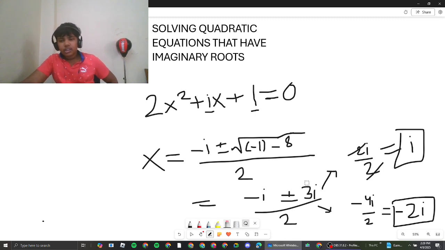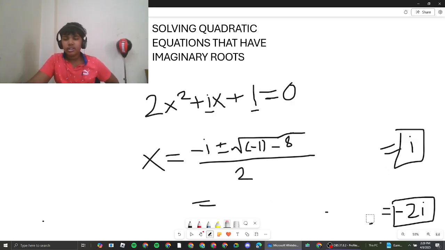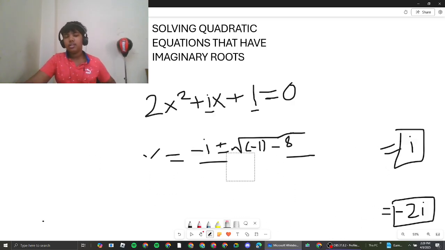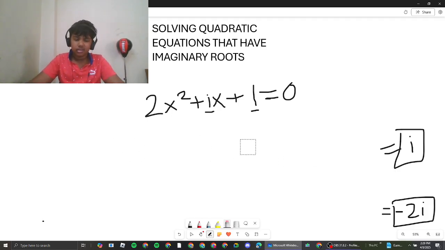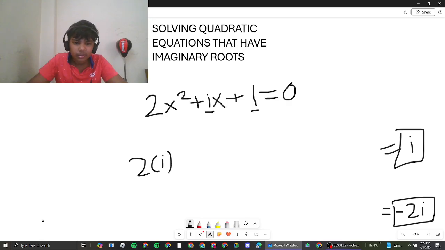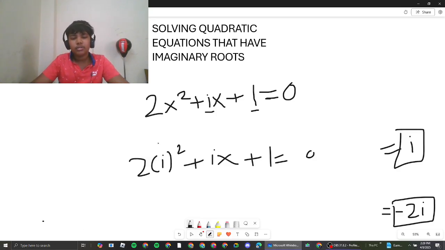Yeah, we can verify it. We can check one solution. If one solution is correct, then the other is also correct. So let's see. 2i squared plus ix plus 1. i squared is negative 1, so this is negative 2 plus ix plus 1.